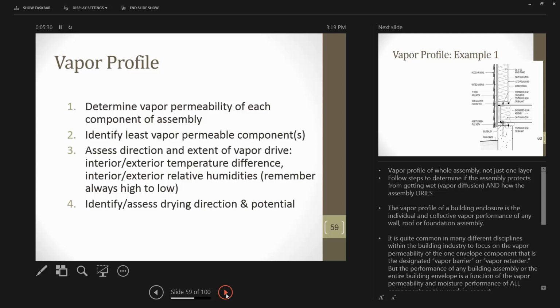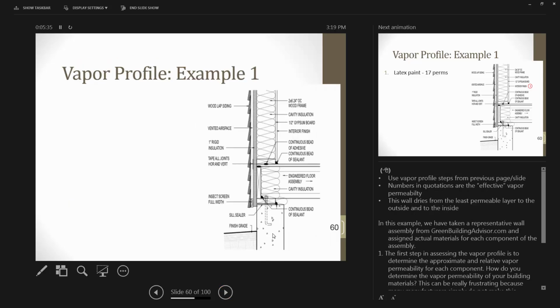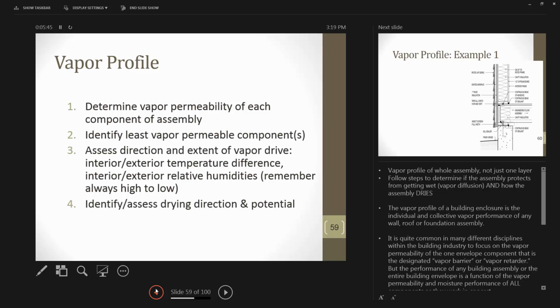So of all the materials in a wall assembly, and I'll jump over to here's a sample detail of a wall assembly, you've got a lot of different pieces and parts to make that up. You've got to determine which one of those parts is going to be your least permeable.